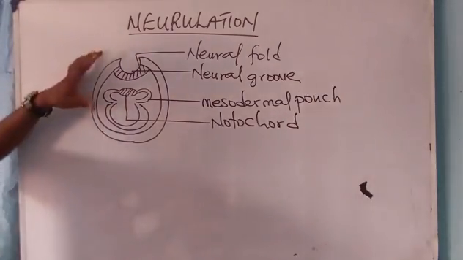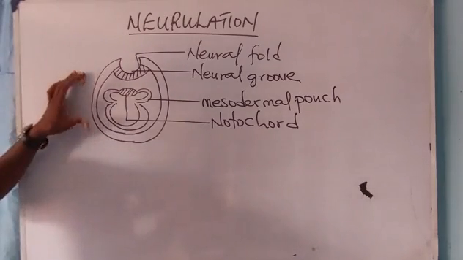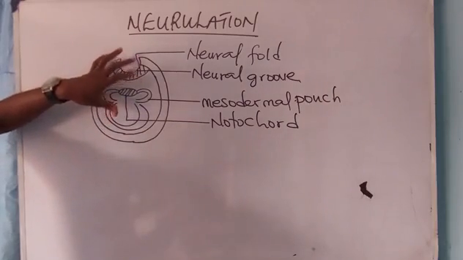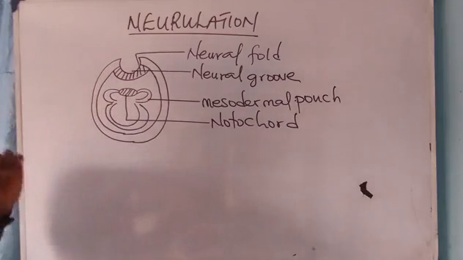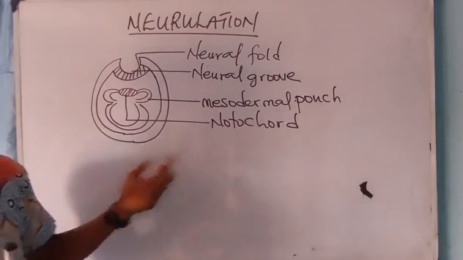Since we've been able to bring out the illustration, what are the different terms associated with this diagram? This diagram is a neurula. It is not a complete neurula.